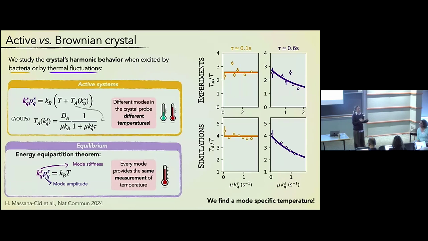So we had to play around a lot to find a high enough active diffusivity, because when bacteria go very fast, they swim away from the particle very quickly. So tau becomes very small because the bacteria is not pushing the particle anymore. So it's more similar to a thermal system than an active one. So yeah, that is interesting.